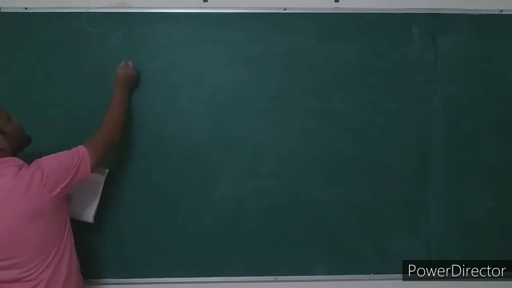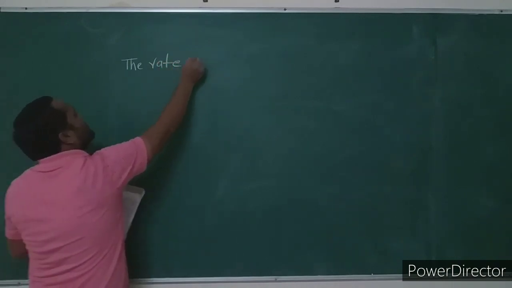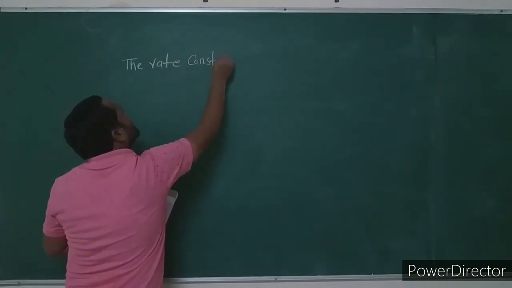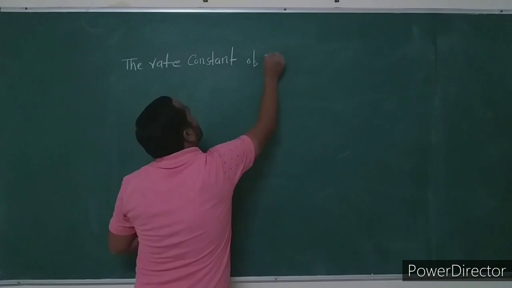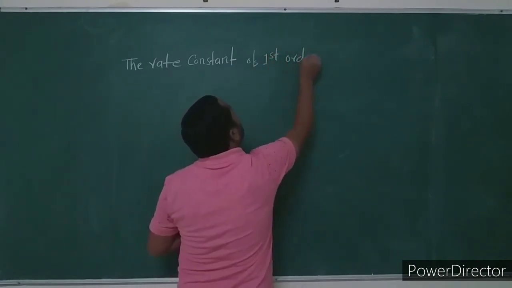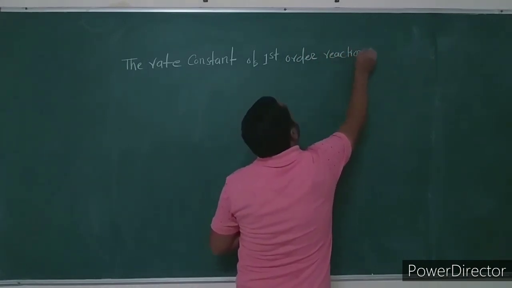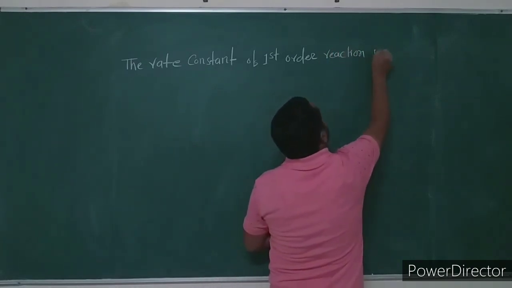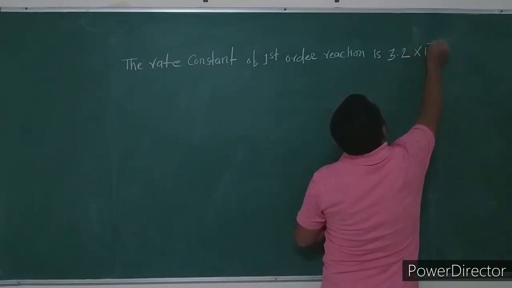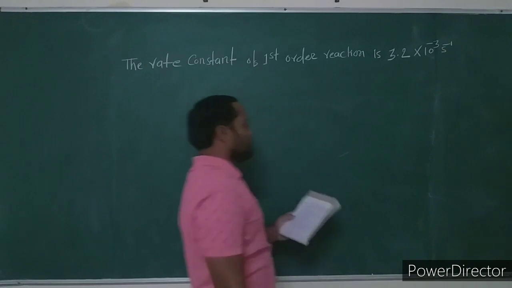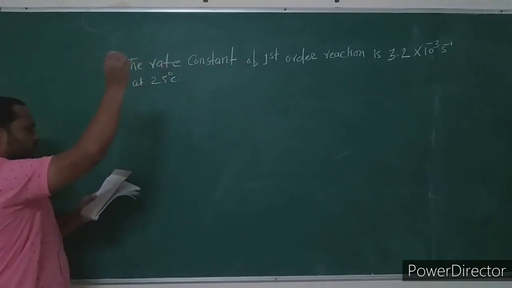The rate constant of first order reaction is 3.2 into 10 raised to minus 3 per second at 25 degrees Celsius.